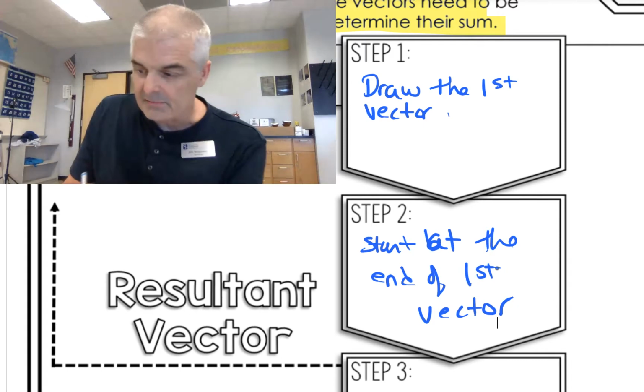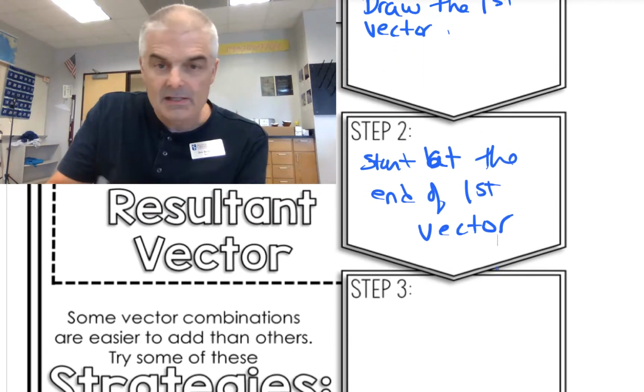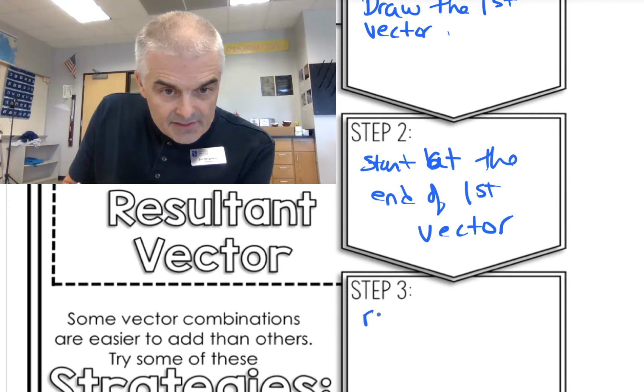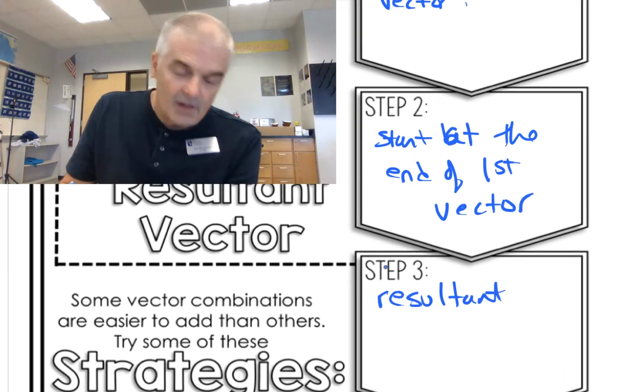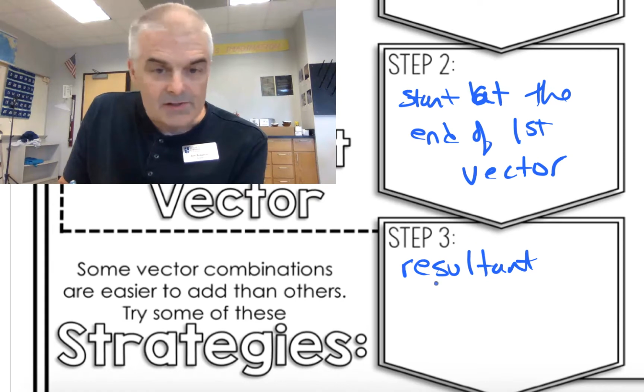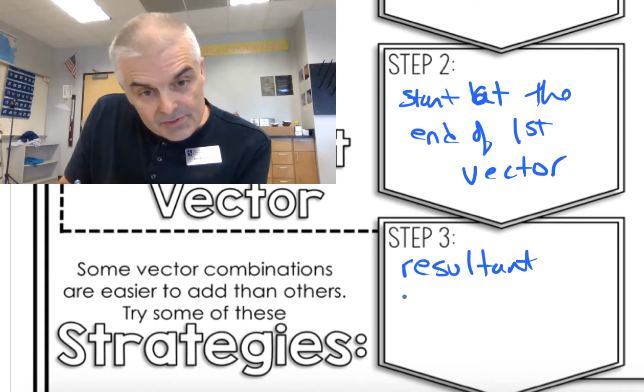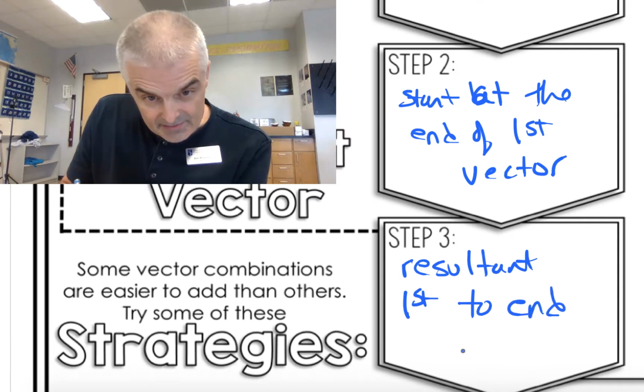I'll show you what that means. It might be a little confusing. And the resultant, this is the fancy word, the resultant, that's the addition of the two vectors, is from the beginning of the first to the end of the second vector.